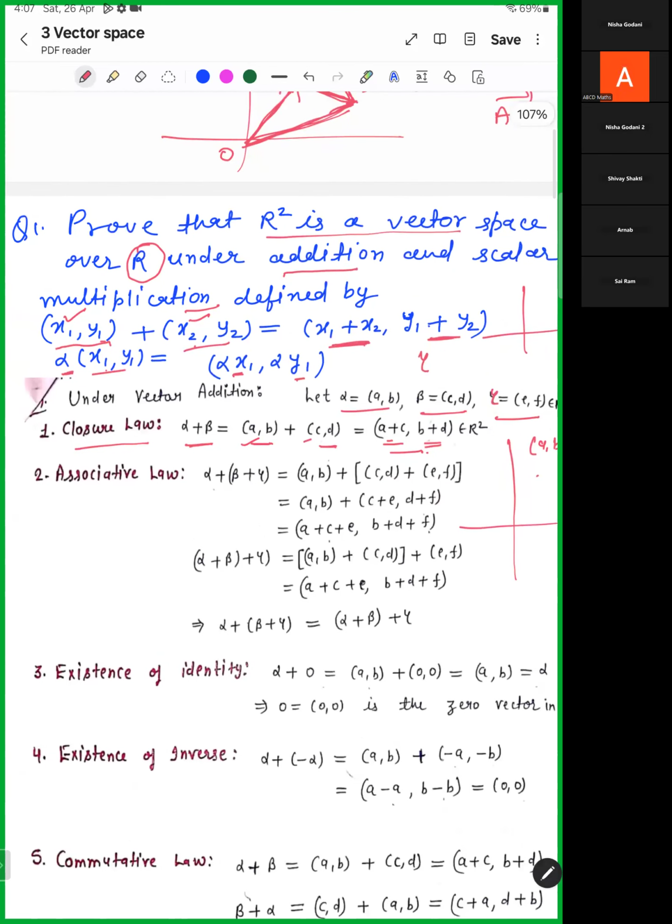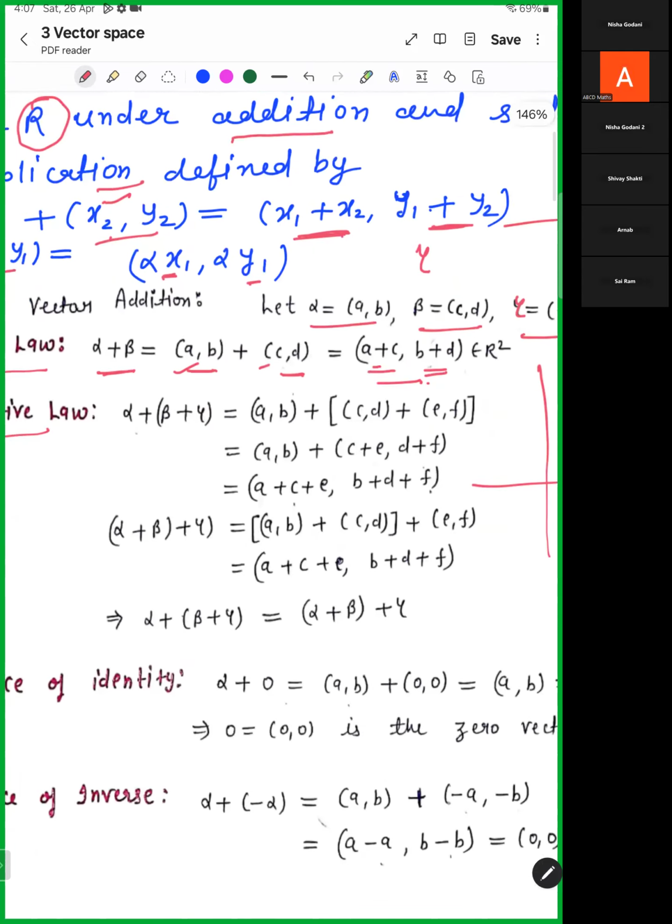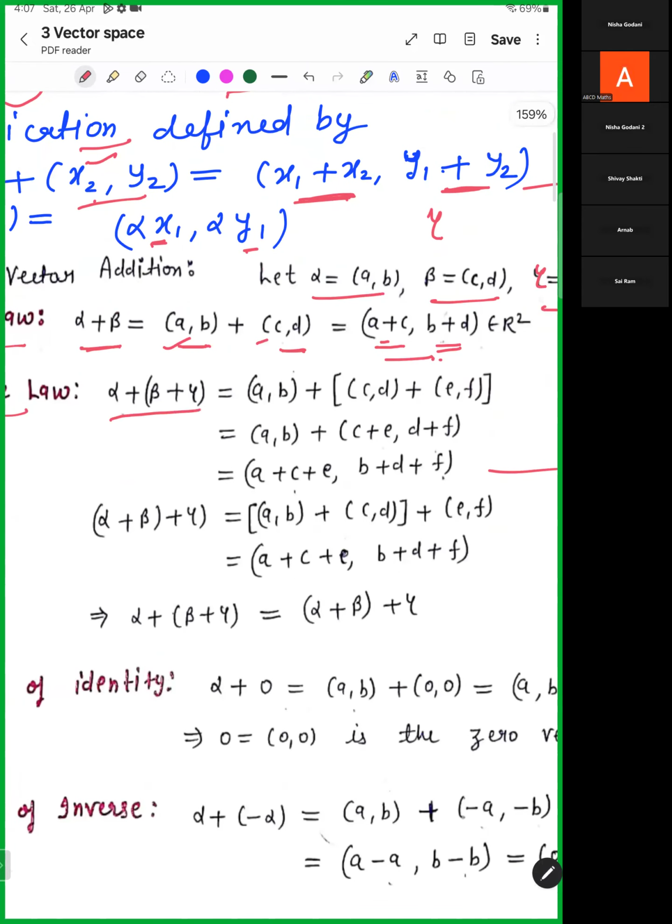Now the second law is associative law. According to associative law, we have to show that alpha plus beta plus gamma is equal to alpha plus beta plus gamma grouped the other way. Alpha is written, beta is written, gamma is written. First beta and gamma are added, so you have c plus e comma d plus f.